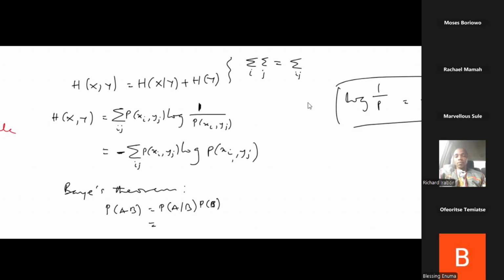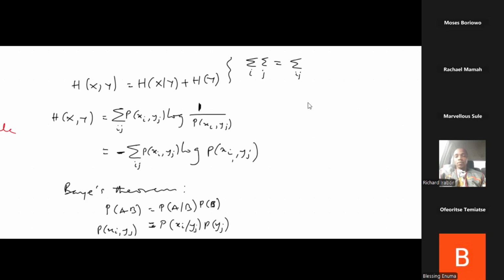For us, P of x_i, y_j will be the same as P of x_i given y_j times P of y_j, right? This is what the Bayes theorem literally says. Are we in order, please? Is this clear?